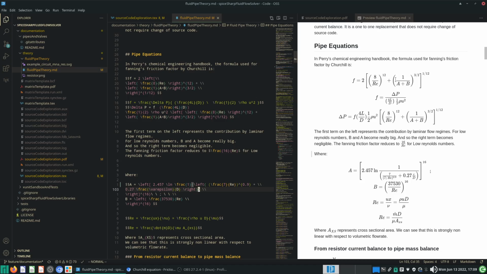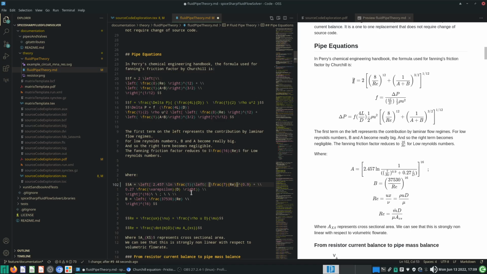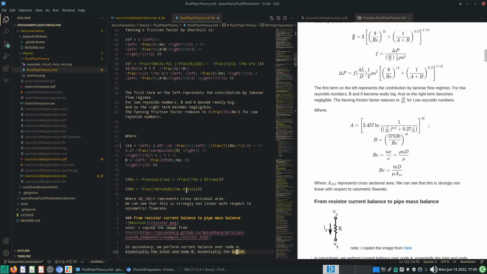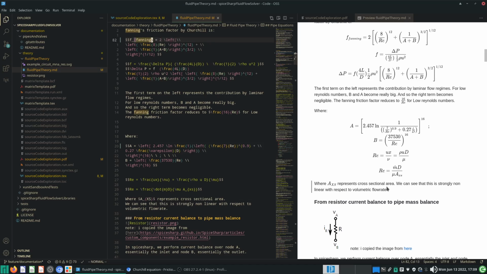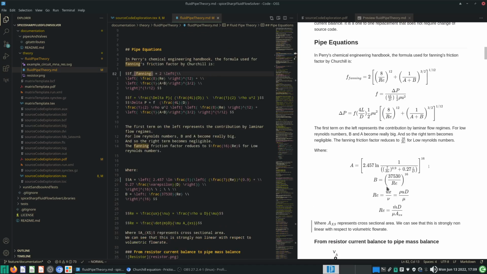Alright, so here are our pipe equations. We use the Churchill correlation here to calculate the Fanning friction factor. Okay, just to make sure we are doing Fanning's friction factor, let me just put the Fanning friction factor thing here so that there is less ambiguity.